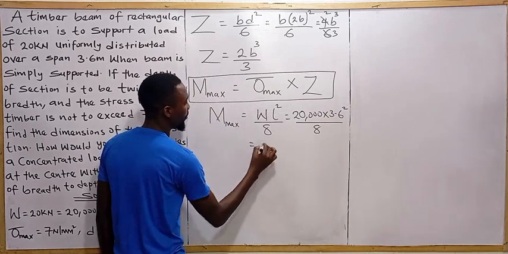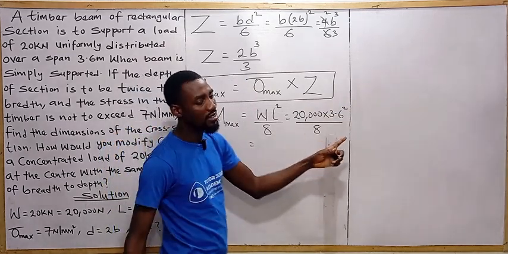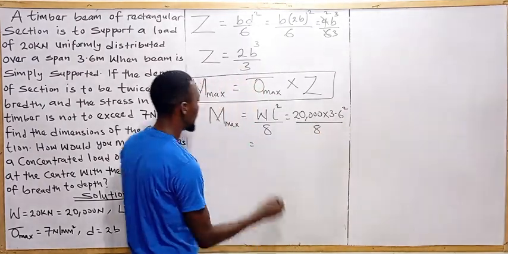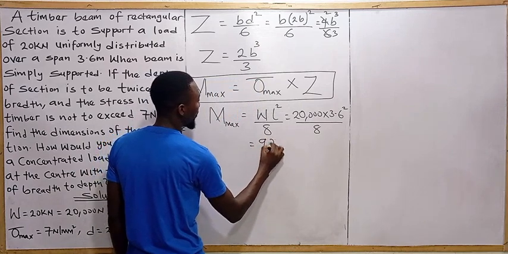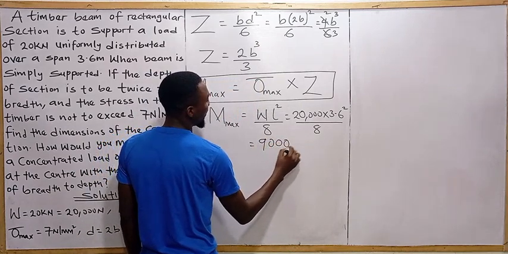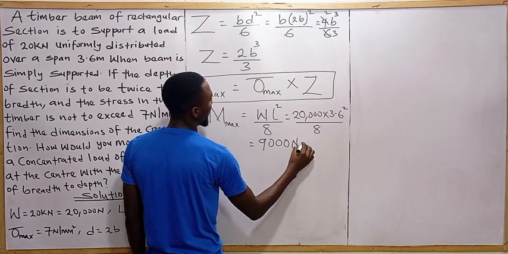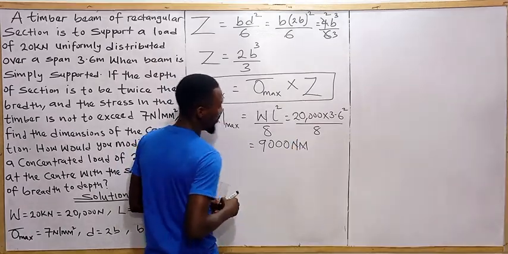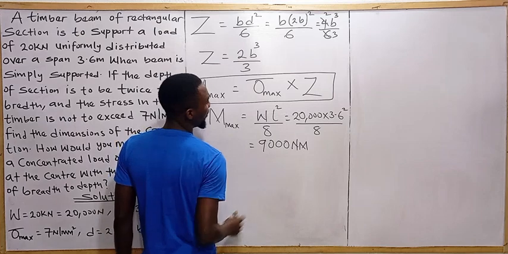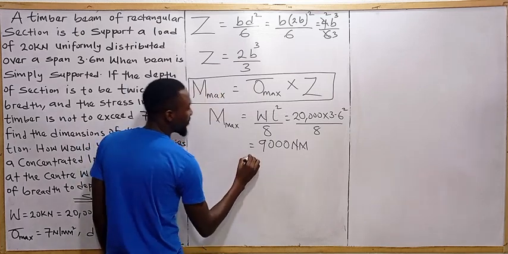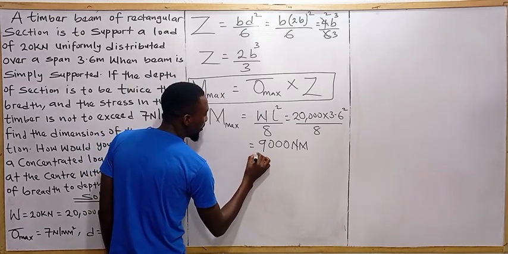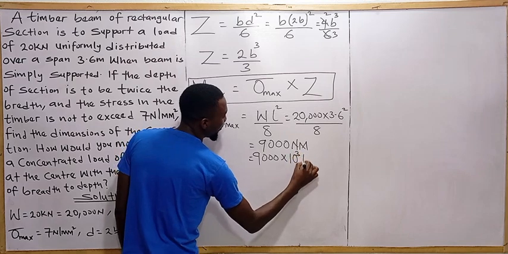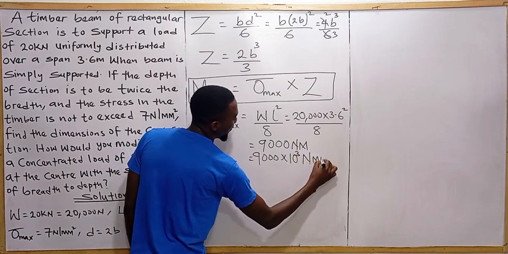If you press this carefully in your calculator, you are going to have 9,000 Newton meter. We can multiply this by 1,000, then our unit is going to be Newton mm.